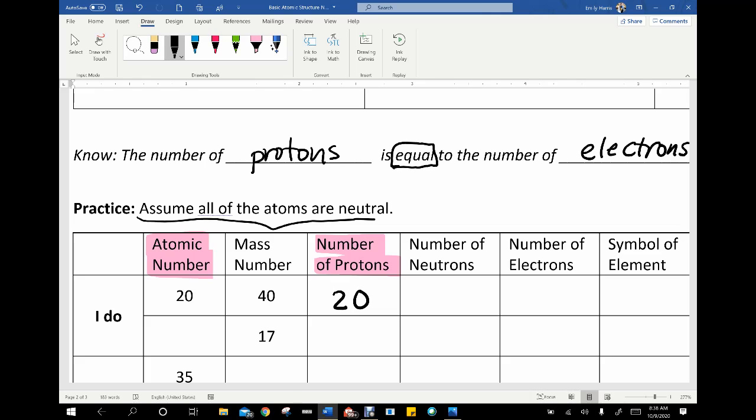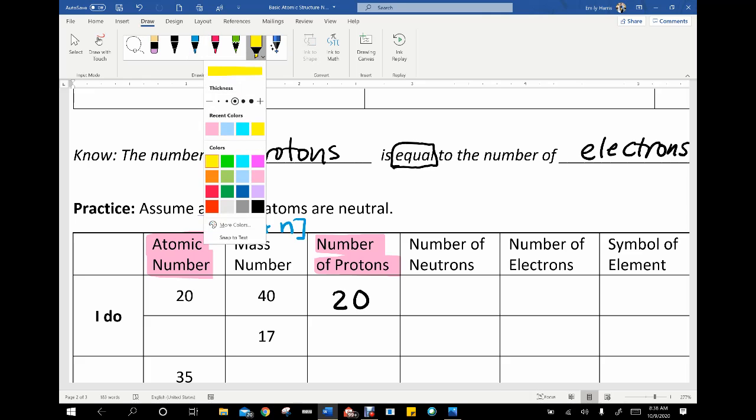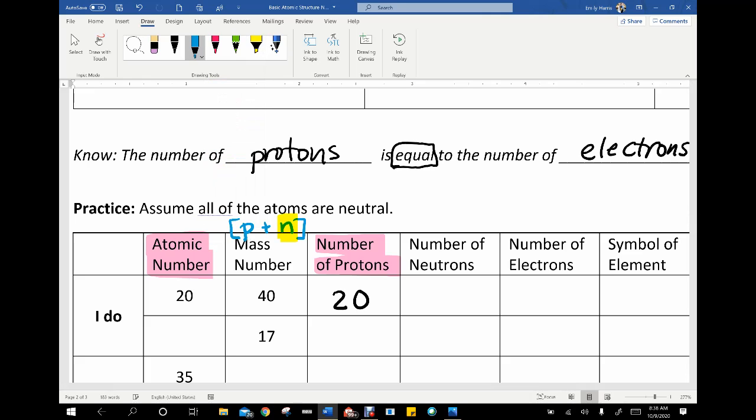Now, when it comes to number of neutrons, that's something that we're going to have to calculate from the mass number. If you'll remember that the mass number is protons plus neutrons. Now what we need to do to be left with the neutrons is subtract off the protons. It's convenient, we've got our protons right here.